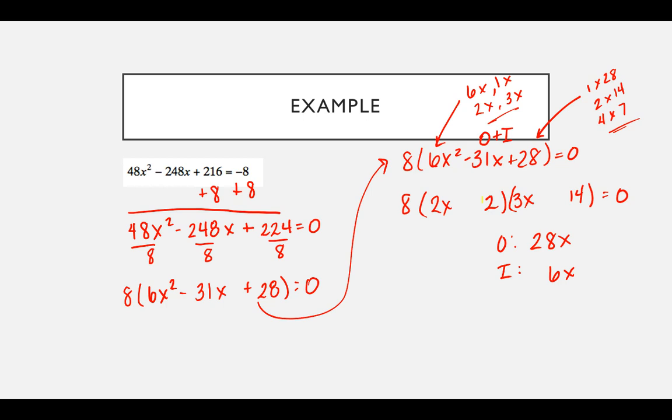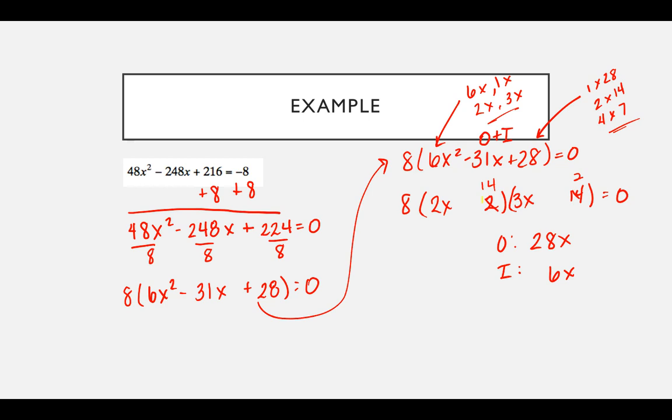So that's not going to add or subtract to give me 31. So then maybe I could try and switch them. I could put my 14 here and my 2 here, but that's going to give me a 4 here, and then this is going to give me a 42 when I multiply. So that's not going to give me a 31 either. The 1 and 28 probably not going to work because that 28 is pretty big.